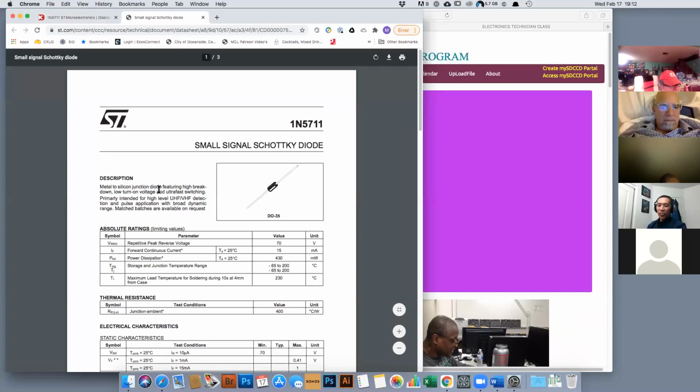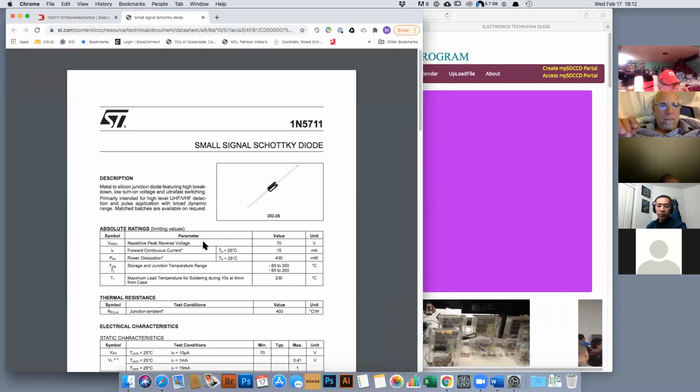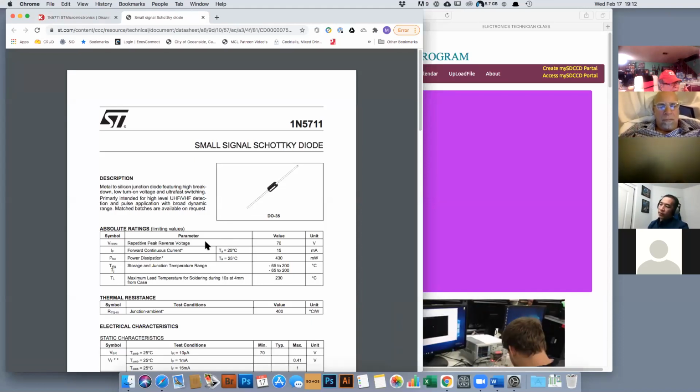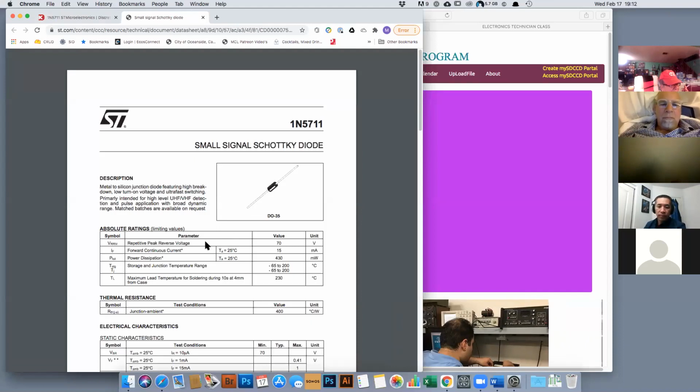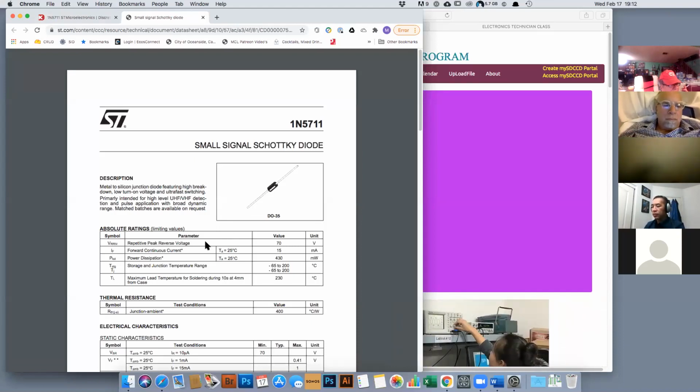Can you see my screen? Someone asked a question about the actual numbers, like what we're seeing now, 1N5711. There's a standards body that assigns these numbers. 1N refers to diodes, 2N refers to transistors.